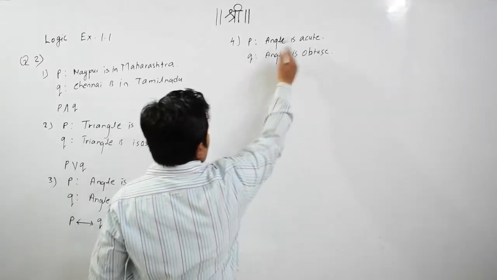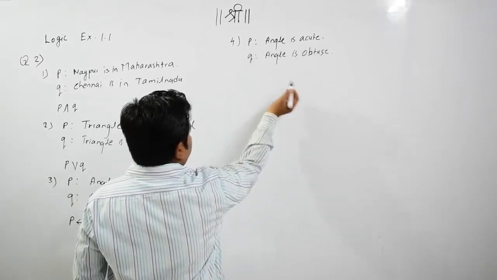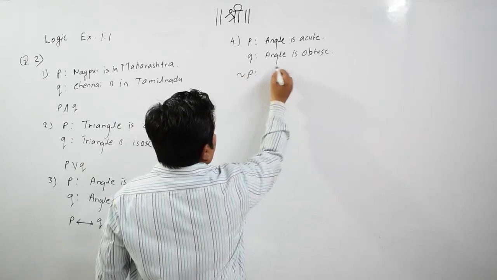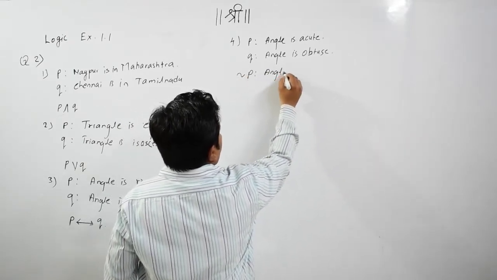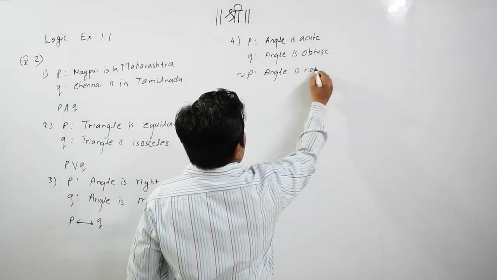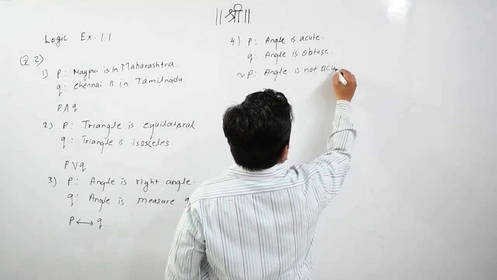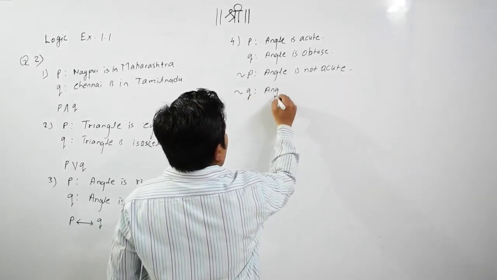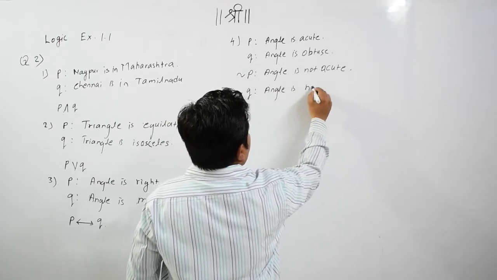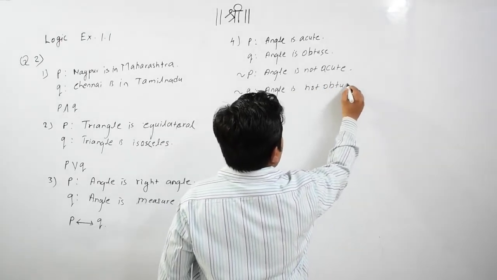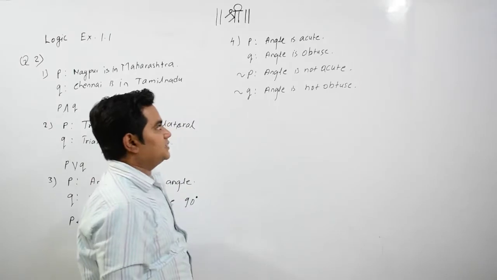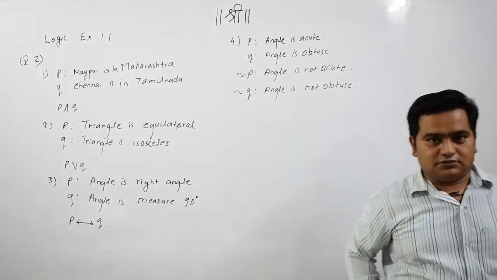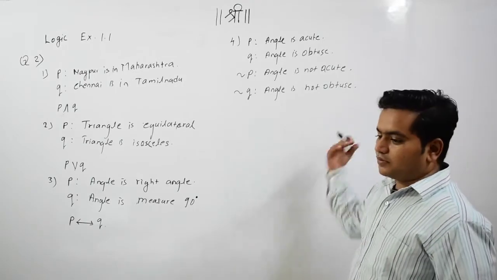So within these statements, it is converted like this. Negation of P: angle is not acute, and negation of Q: angle is not obtuse. So common sense, it simply says that the angle is 90 degree or right angle. But we are not going into that deep.